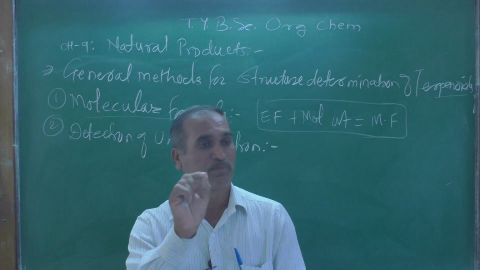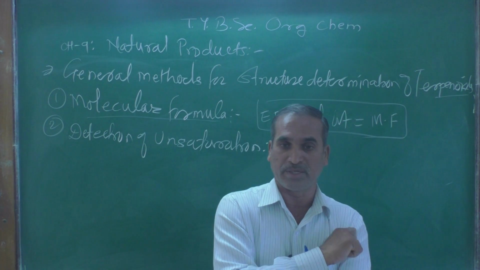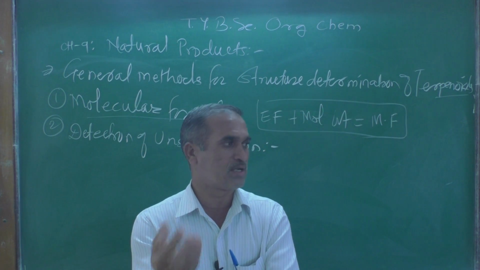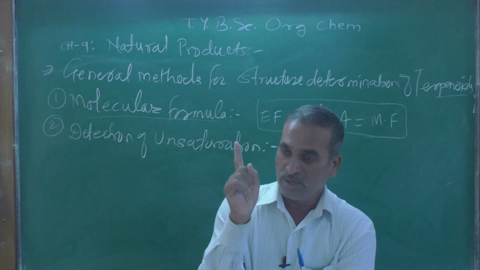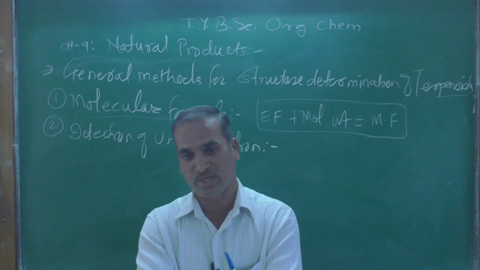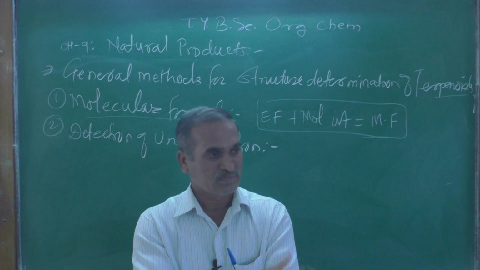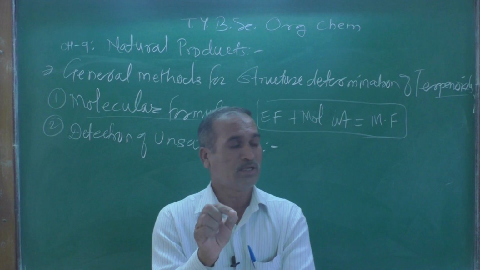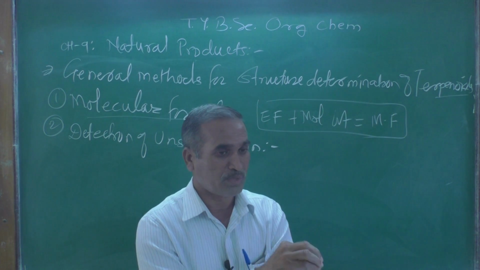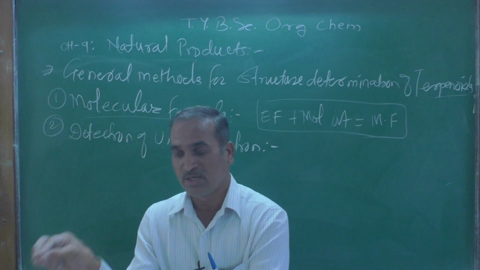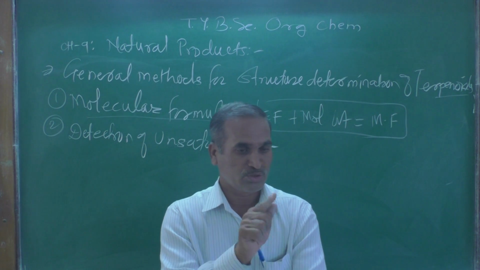If the brown color disappears, the resulting mixture may be colorless or another color. It means something is happening, a reaction is taking place, and a product is formed. That clearly indicates that the given unknown compound is unsaturated in nature.